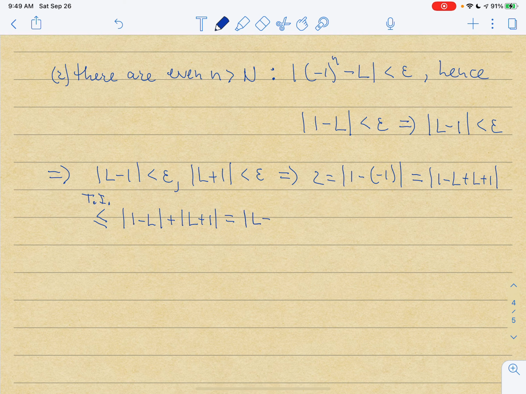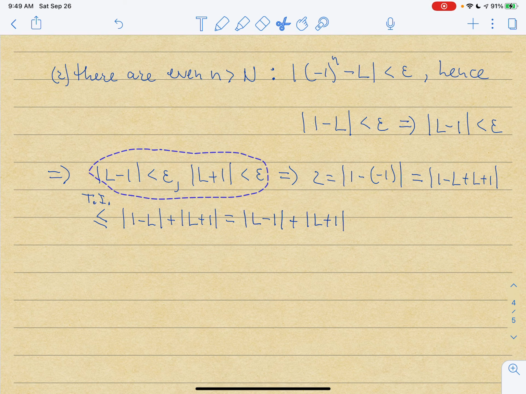So magnitude of L minus 1 plus magnitude of L plus 1 is how I can write this statement. But then I already know that both L minus 1 and L plus 1 in absolute value must be less than epsilon. So this is going to be less than epsilon plus another epsilon equal to 2 epsilon.